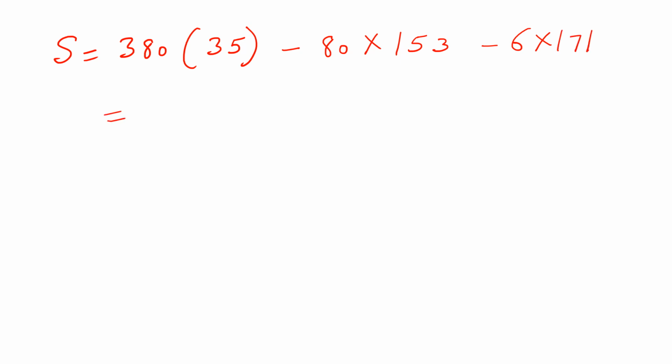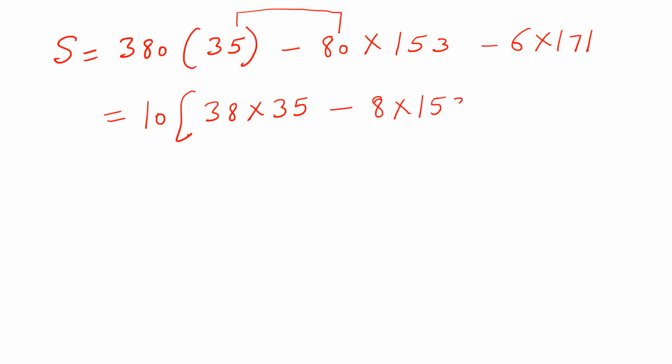Now students, out of these two terms, I can take out 10 common and this becomes 38 into 35 minus 8 into 153 inside the bracket, and outside the bracket it is 6 into 171.